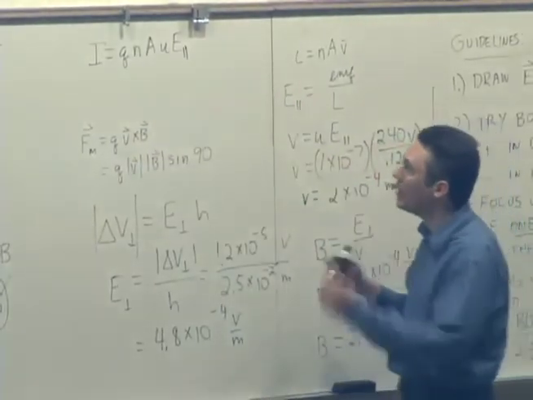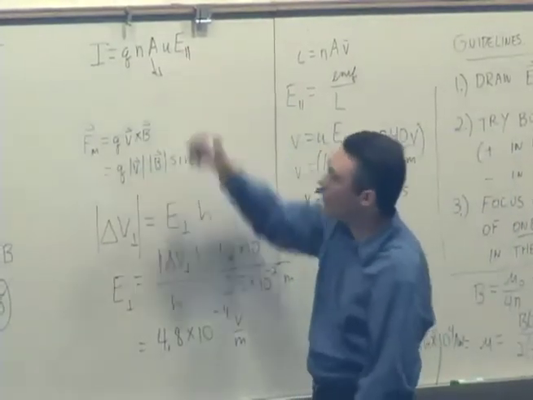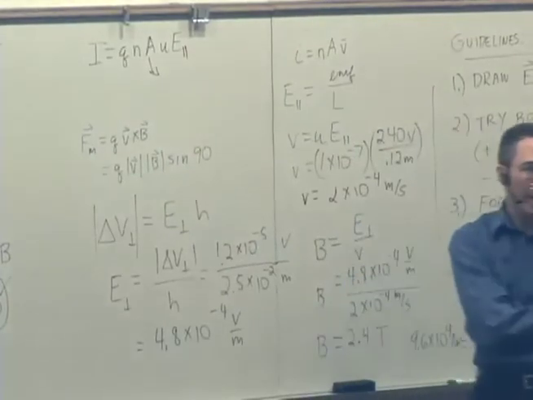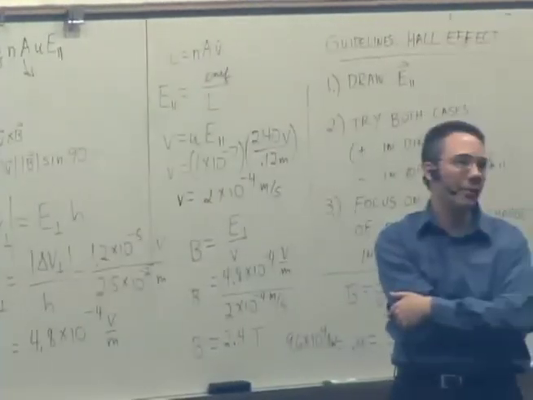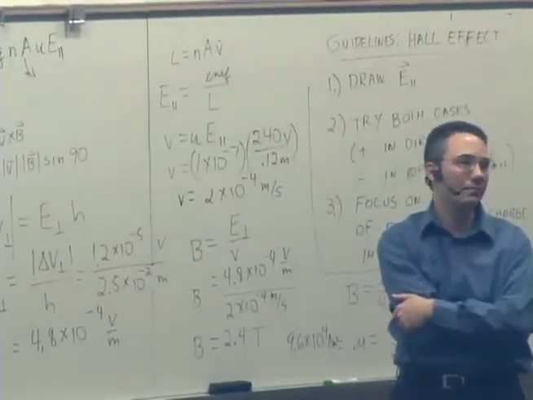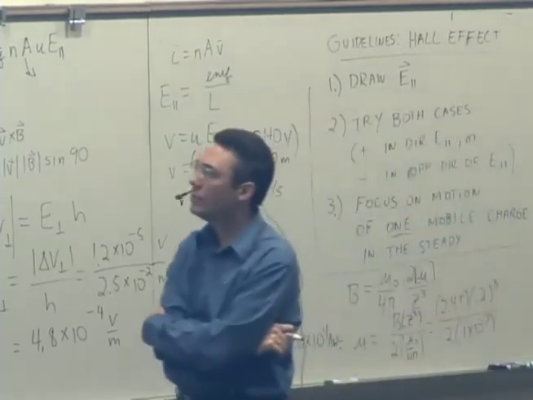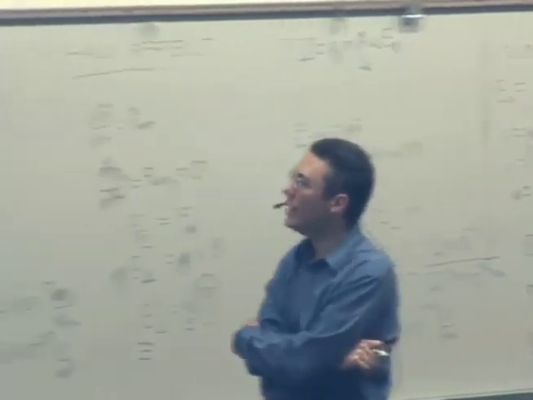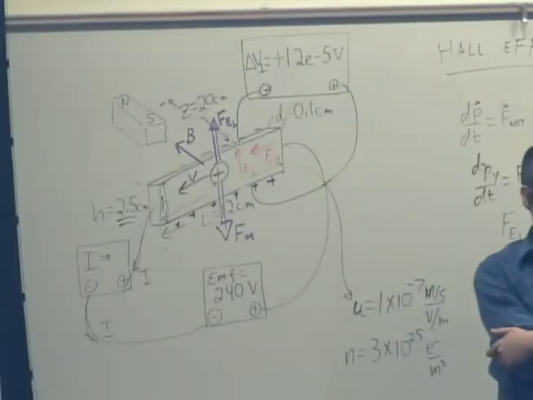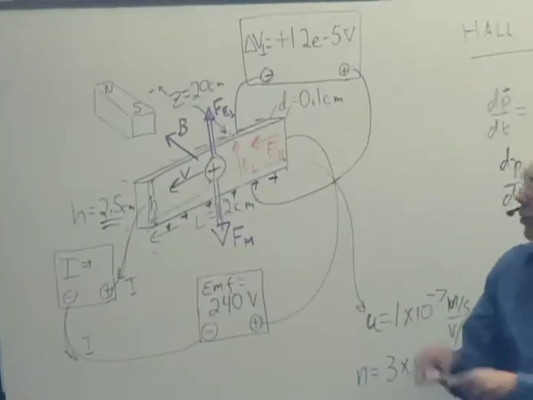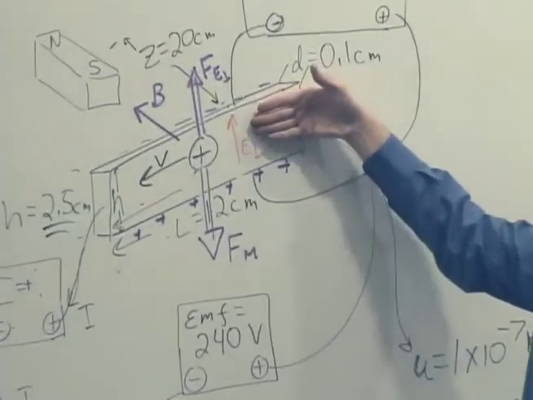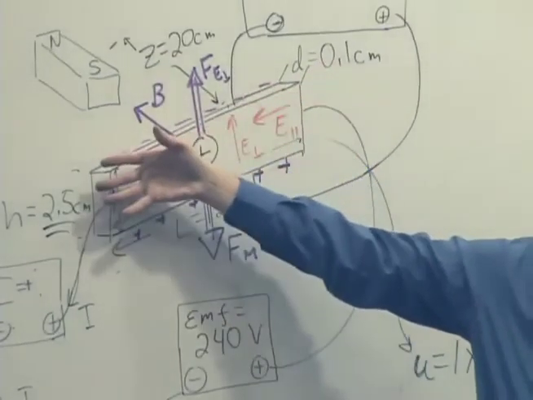At this point we would know everything. We've got everything we need to know. What area do we use? What's the cross-sectional area that we would need to use to calculate this current? Is it L times H? D times H? L times D? The current's flowing which way? It's flowing this way, right?